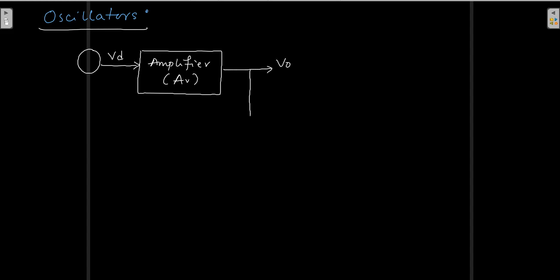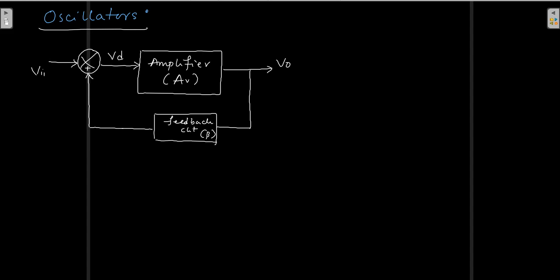Then from this output, I take the feedback. Let me call this the feedback circuit with a feedback factor, say beta, right? Then you have the signal going to this summing block, and see here, this is a positive sign that indicates that this is my positive feedback.